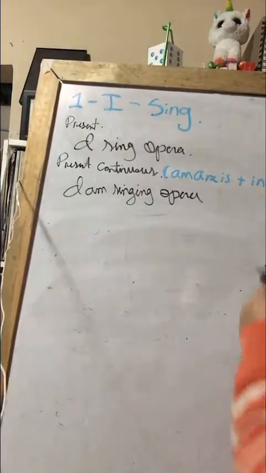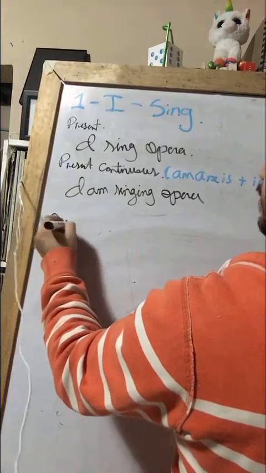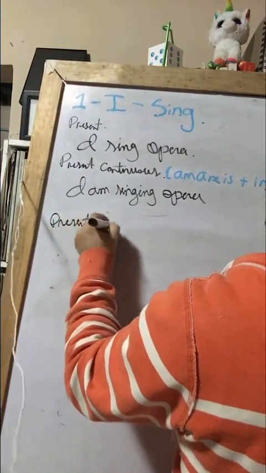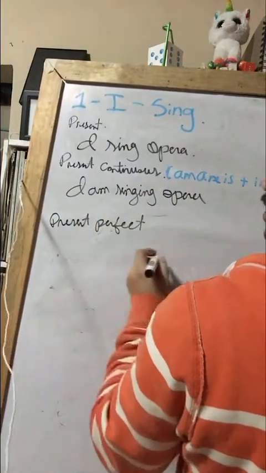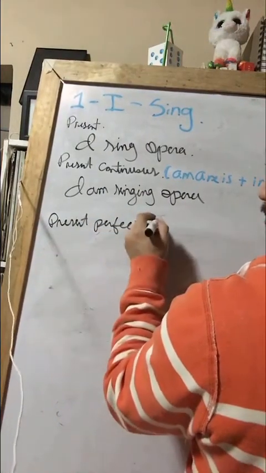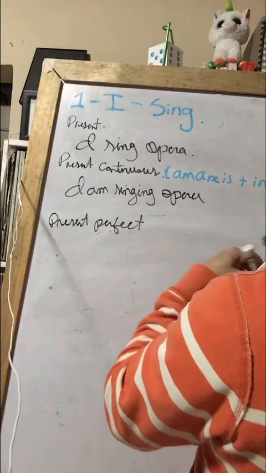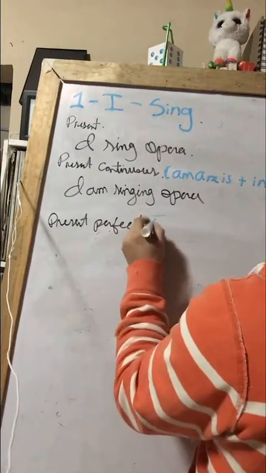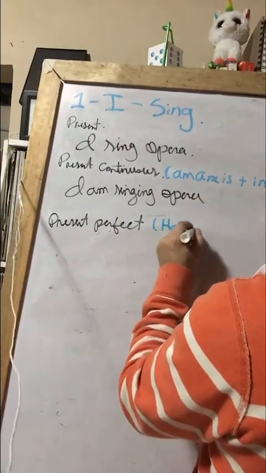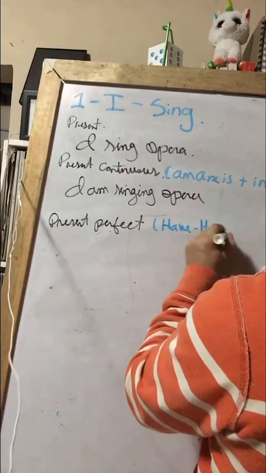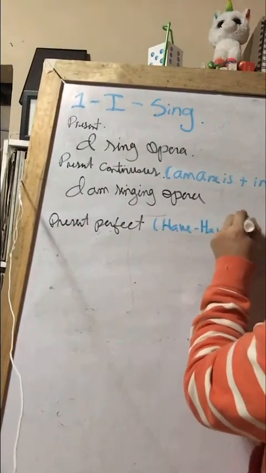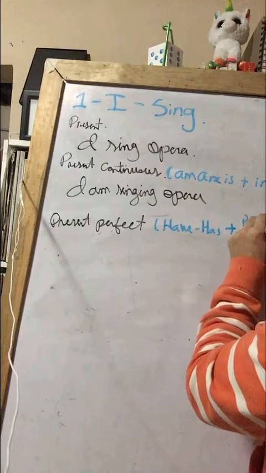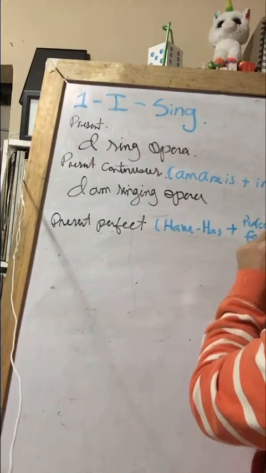If we do the present perfect, okay, then I would say, remember, in this case, to add have or has plus the perfect form of the verb, okay?